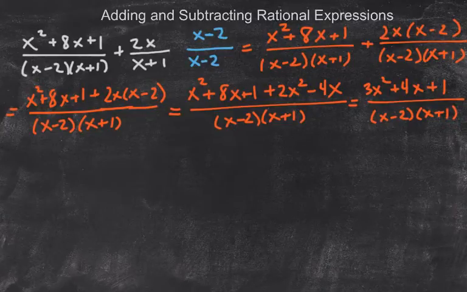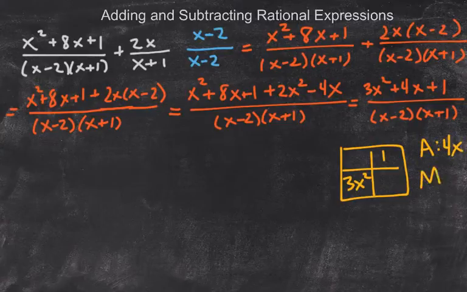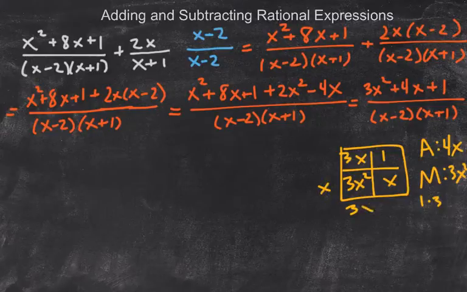Now I can work to factor that quadratic expression. So I've got 3x squared and 1. I'm adding to 4x. I'm multiplying to 3x squared. If you want more practice factoring quadratic expressions, be sure to check out that video.